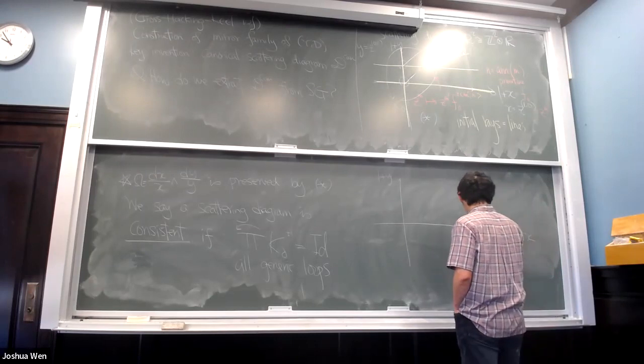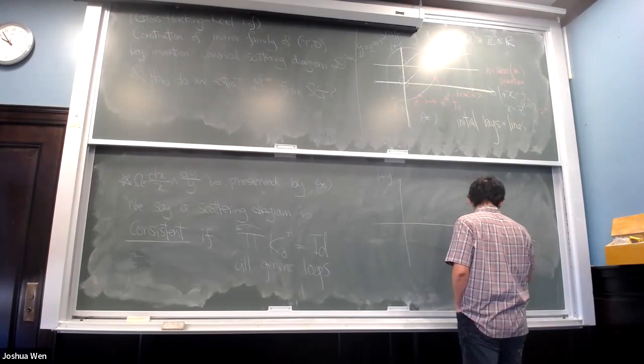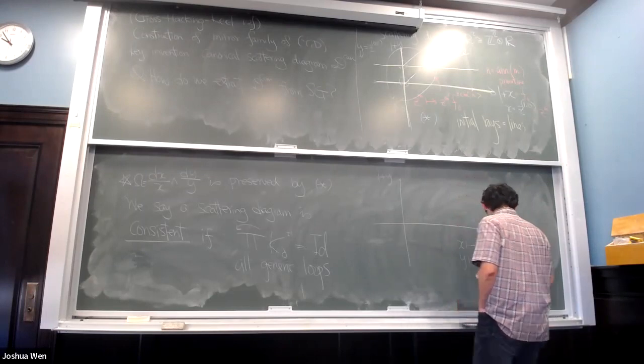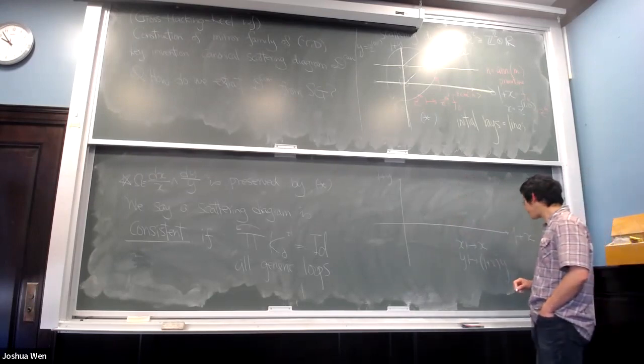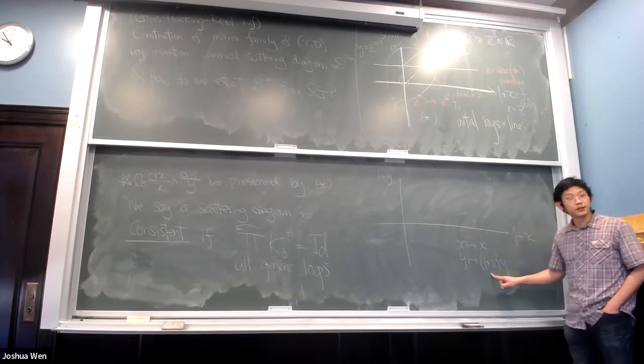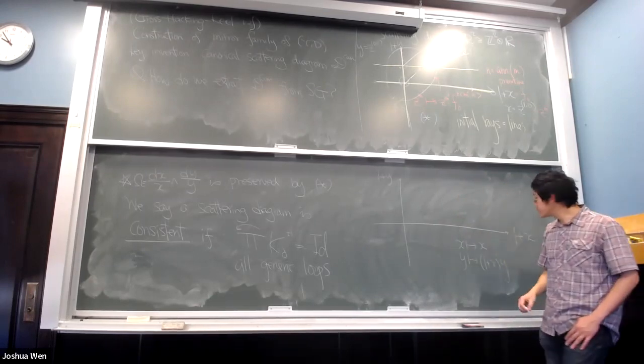So this will give you X goes to X, and Y goes to (1 plus X) times Y. Probably there's a minus sign there, I might be wrong with this sign, but it will look like this, either going up or going down.